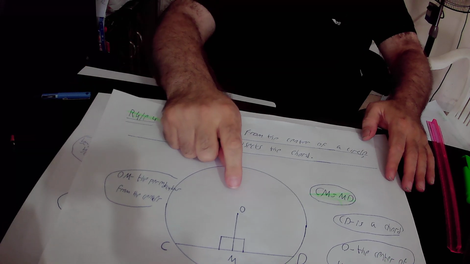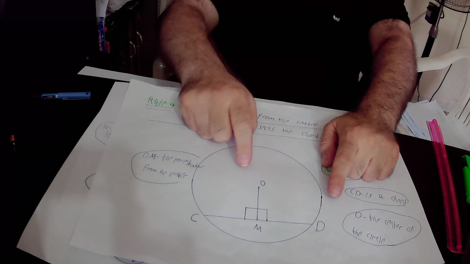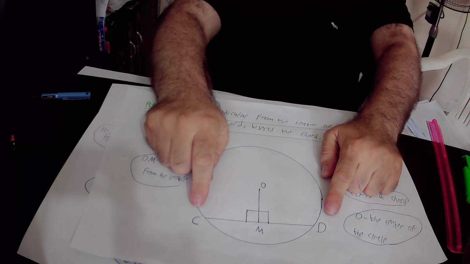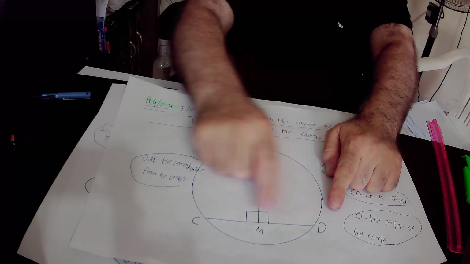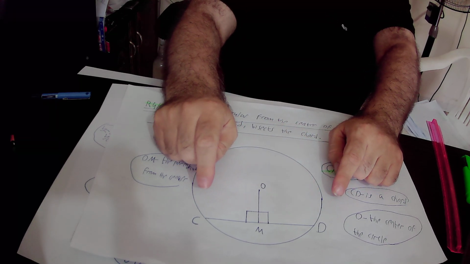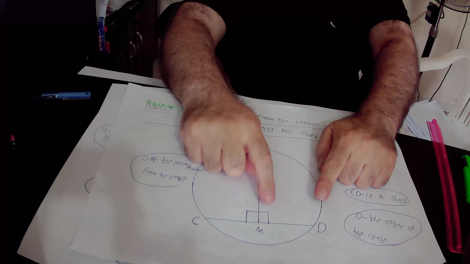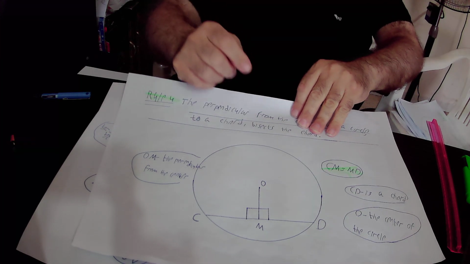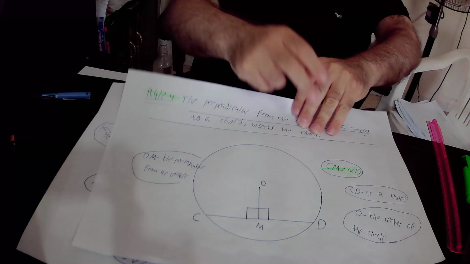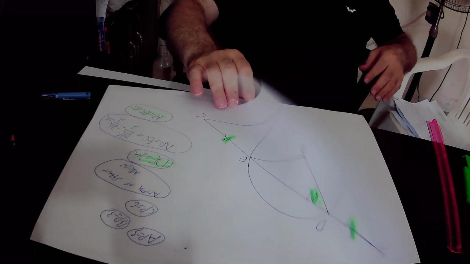The center of the circle is point O. We have the perpendicular OM that bisects chord CD according to this rule. That is to say CM equals MD, and we can also say that CM is equal to CD over 2 and MD is also equal to CD over 2, because it bisects chord CD. Each half equals CD over 2. We can implement rule number 4 in our drawing.